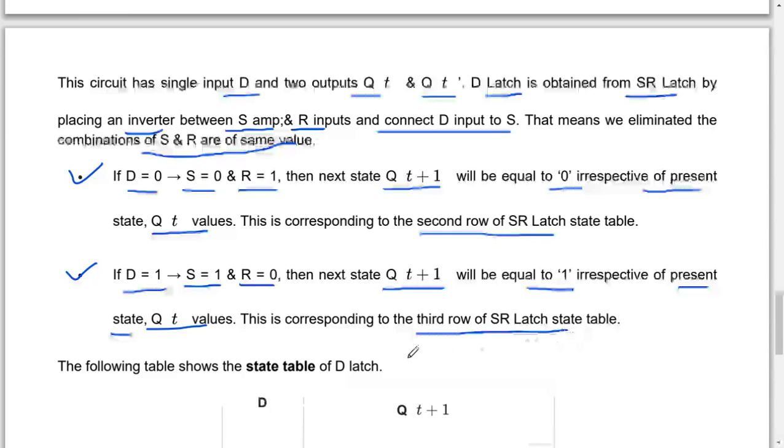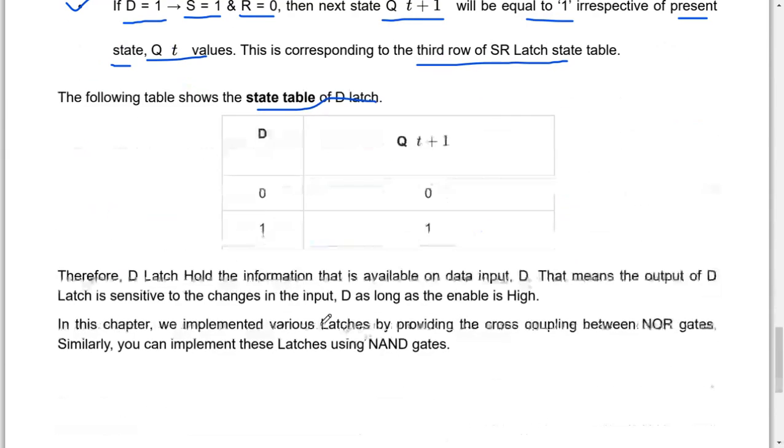The following table shows the state table of the D latch. D, QT plus 1: when D is 0, then QT plus 1 is 0; when D is 1, then QT plus 1 is 1.